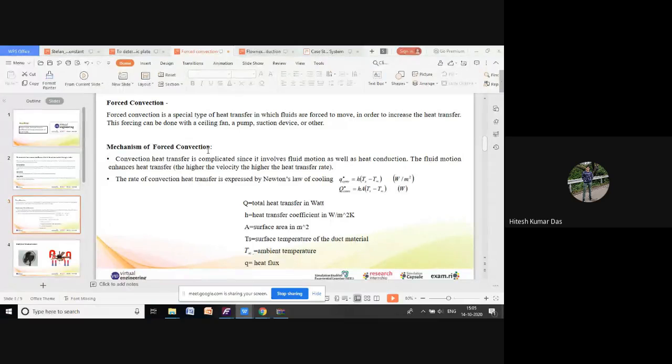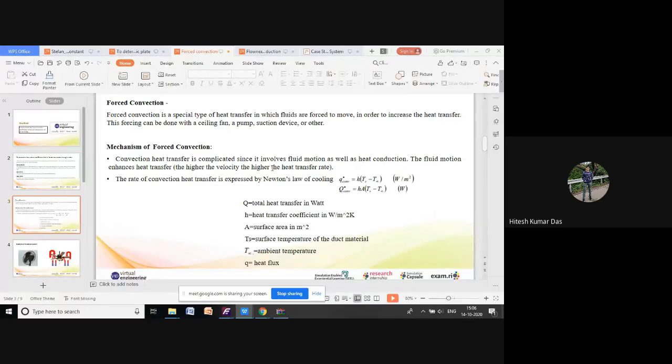Mechanism of forced convection: convection heat transfer is complicated since it involves fluid motion as well as heat conduction. The fluid motion enhances heat transfer. The higher the fluid motion, the higher the rate of heat transfer. The rate of convection heat transfer is expressed by Newton's law of cooling.